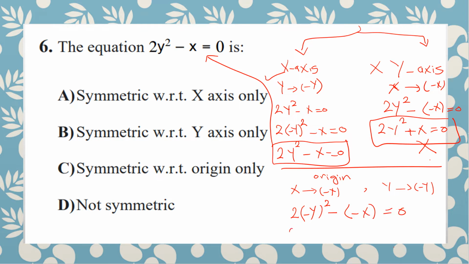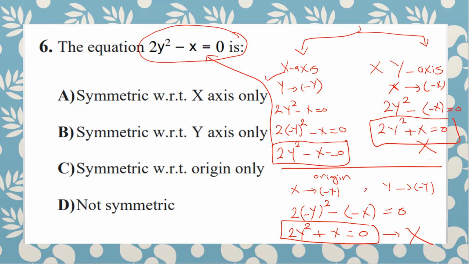This equals 2y squared plus x equals 0. So this is also not equivalent to the original equation, so this equation is symmetric with respect to the x-axis only, and the correct answer is A.